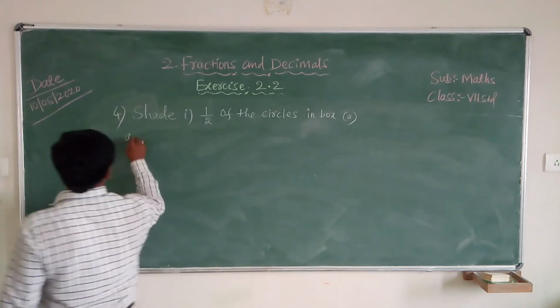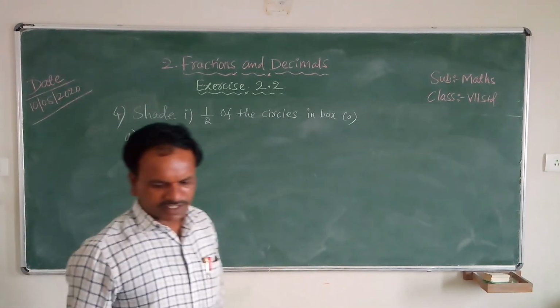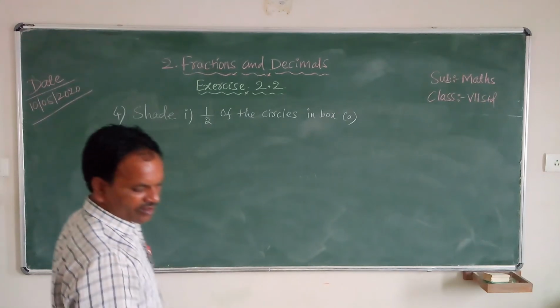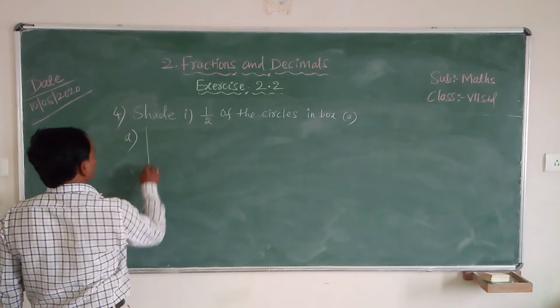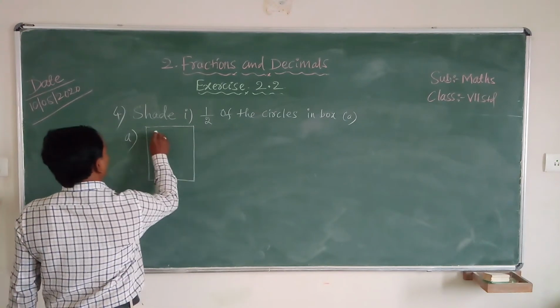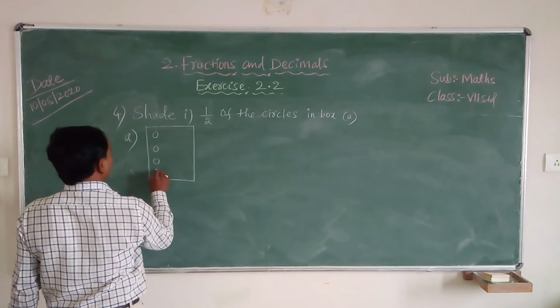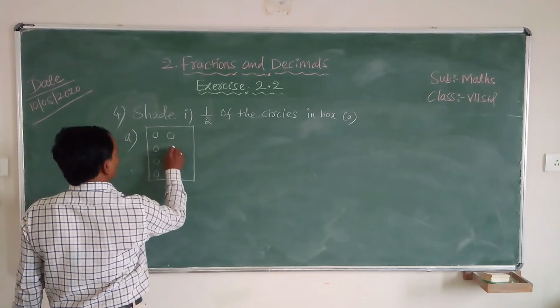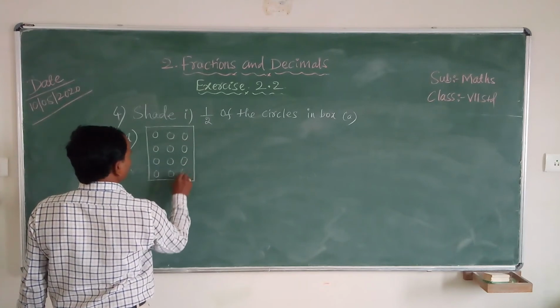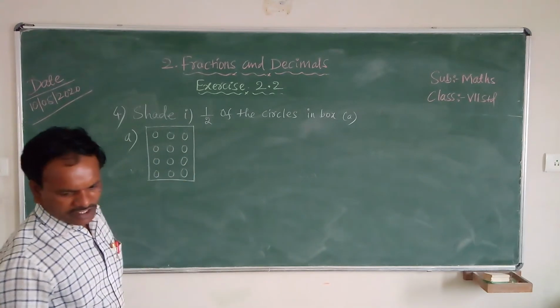First, box A. So what is there? See box, 1, 2, 3, 4. 4 3s are 12. So it is some box. So 1, 2, 3, 4. 1, 2, 3, 4. 1, 2, 3, 4. So like this the box is there.